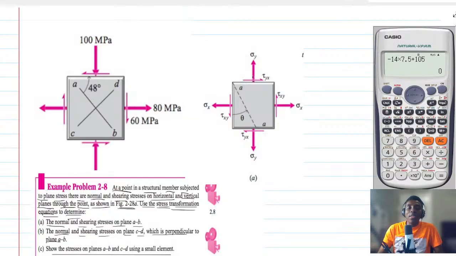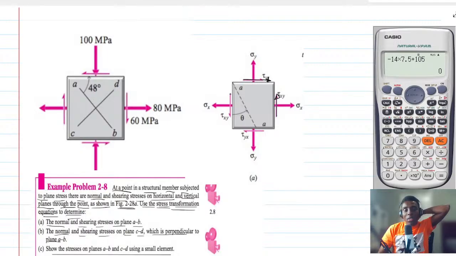Also, if the y is in this direction, this is positive. That is the nomenclature. But if the y goes inside or opposite to the box, then that is going to be negative. Finally, the shear stress tau xy will always point to the corners.